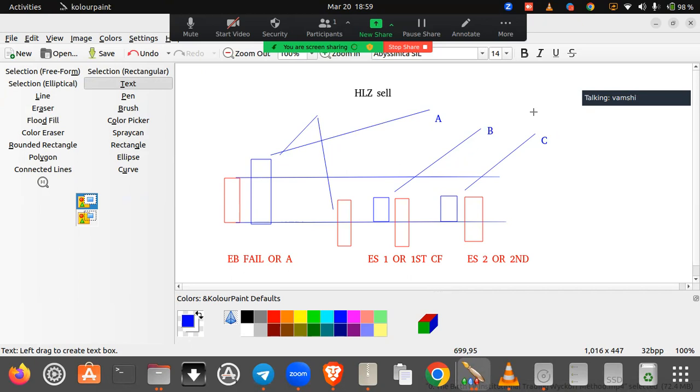Both HLZ and ABC are the same. High liquidity zone, HLZ or ABC. The three things are the same.